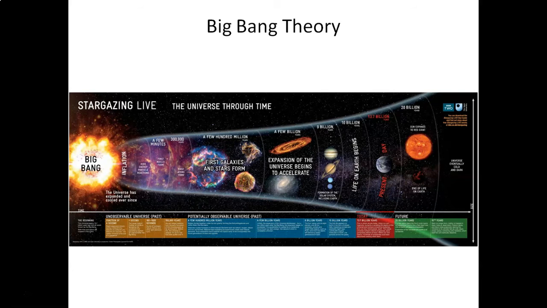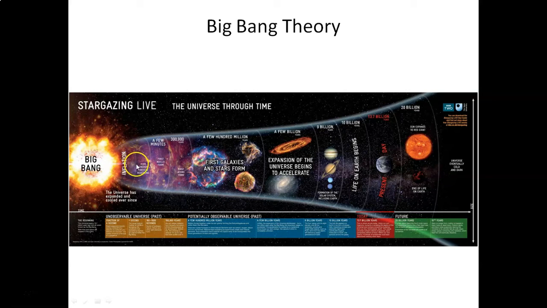Okay, so this is a classic image that is used to demonstrate what we know about the Big Bang and the different things that we have. Okay, and so we have our Big Bang occur. We go from our singularity to the universe.